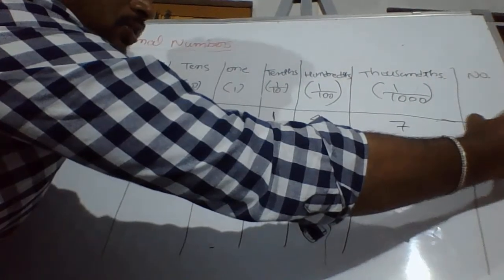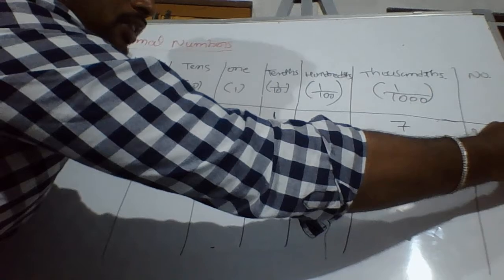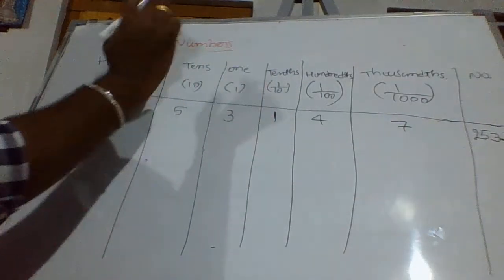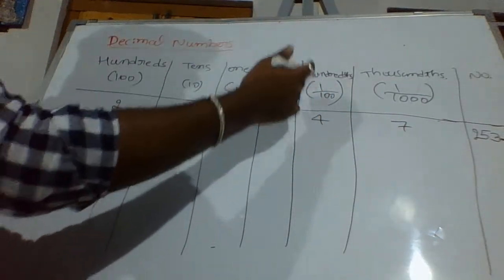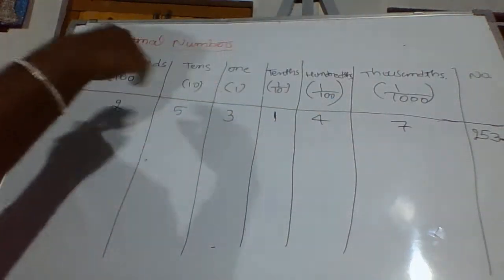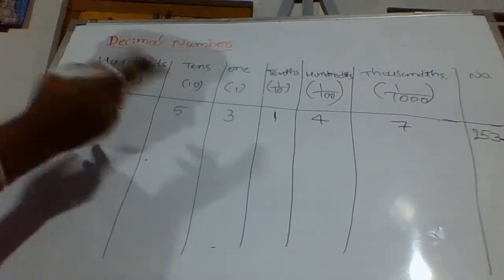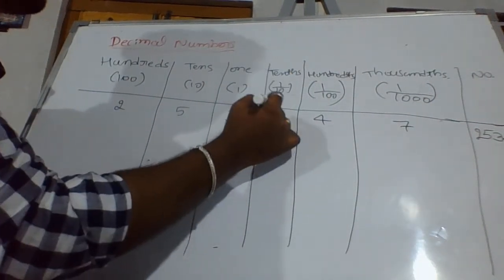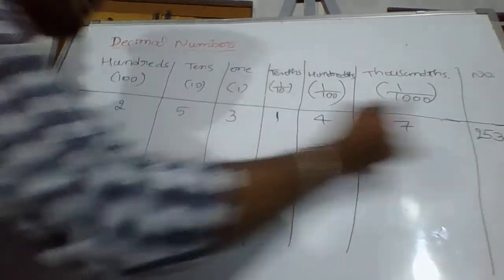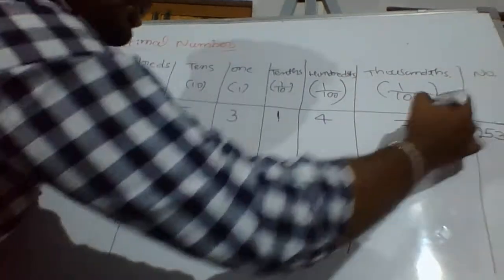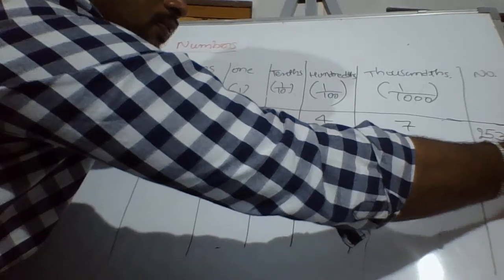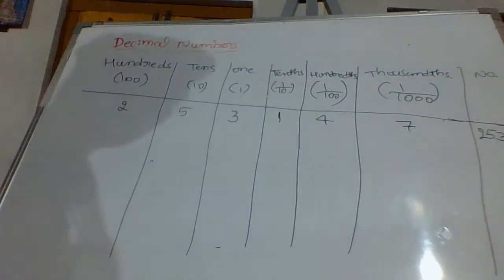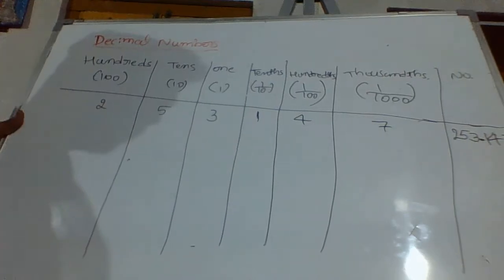Here I will write 253 point, because the tenths, hundredths and thousandths numbers come after the decimal point. So 253 point, the tenths place we write first, which is 1. After that the hundredths place, which is 4. Next the thousandths place, which is 7. So 253.147.